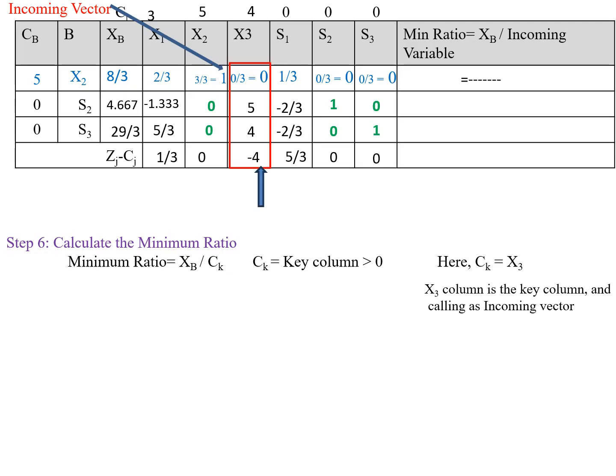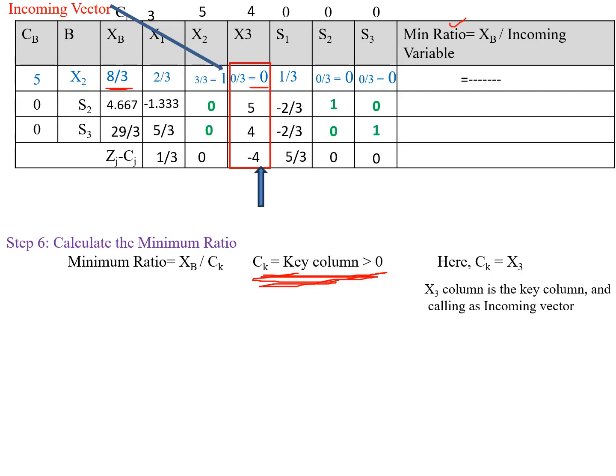Next we have to calculate the minimum ratio, that is the xb divided by key column variables. For x2 minimum ratio is the xb is 8 by 3 and key column variable is 0. Here observe that we calculate the minimum ratio if the key column variable is greater than 0.